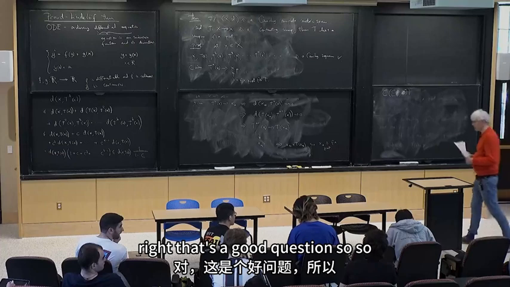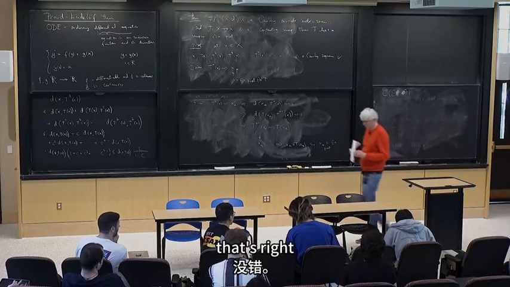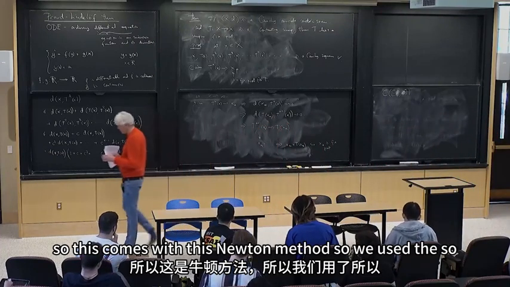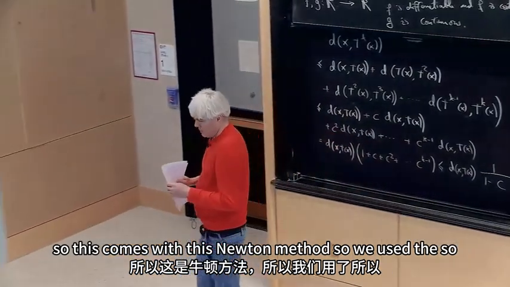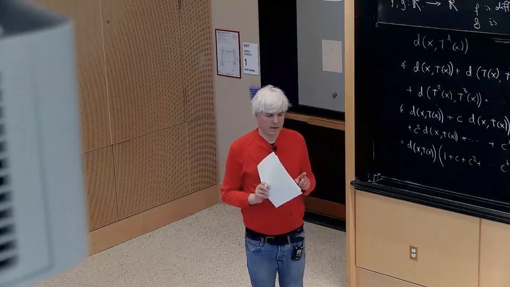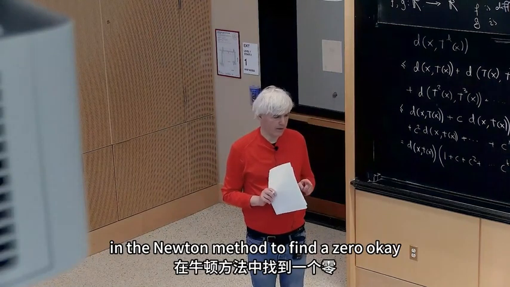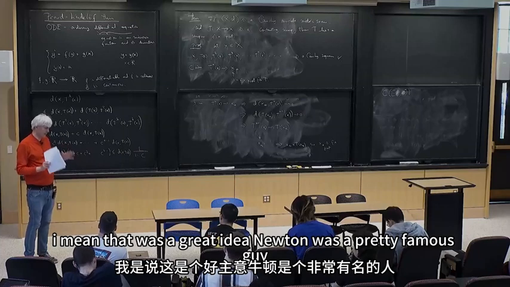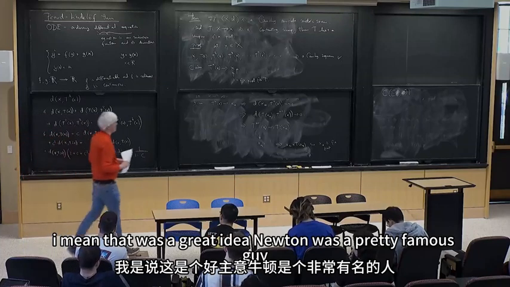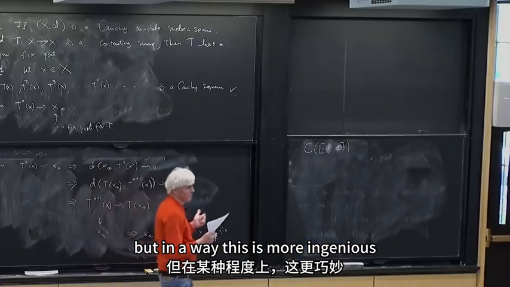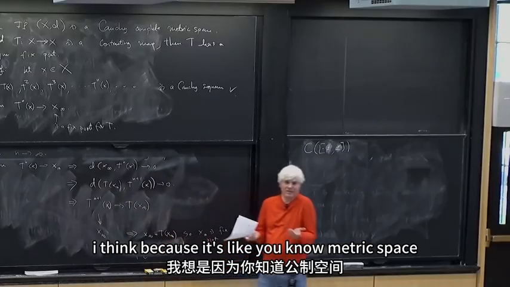Right. That's a good question. So that's right. So this comes with this Newton method. So we used this contracting mapping for R in the Newton method to find a zero. And to some extent, that was a great idea. Newton was a pretty famous guy for a good reason. But in a way, this is more ingenious, I think, because it's a metric space.